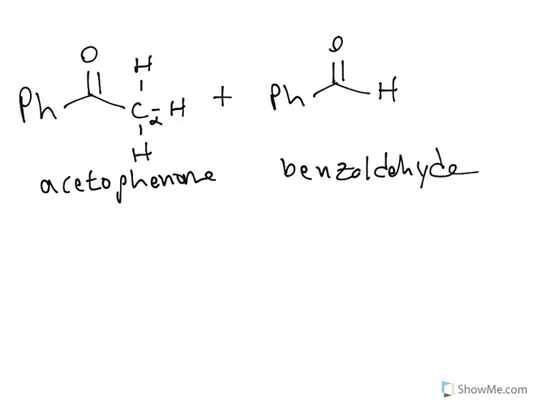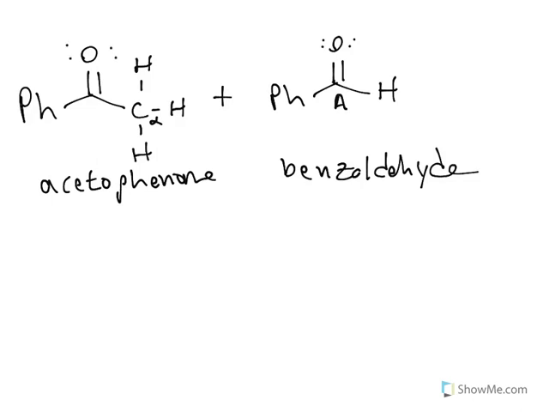So benzaldehyde is a wonderful electrophile in the Claisen-Schmidt because it has 0 alpha positions that are enolizable. So we're going to go ahead and say here is carbon A. I'll put my lone pairs on here.